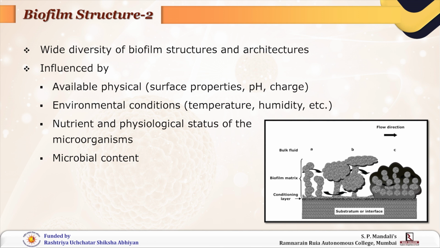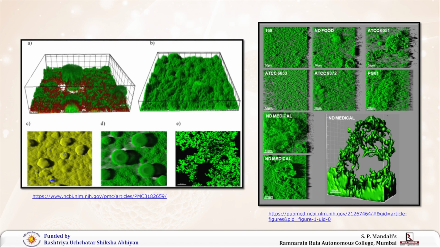It has also been found that when high amounts of EPS is produced, denser biofilms are formed, whereas low nutrient conditions lead to biofilms that are less dense and interdispersed with a lot of water channels. Another interesting phenomenon is that biofilms formed under high velocity normally give rise to streamers and ripple-like structures as shown in the diagram.